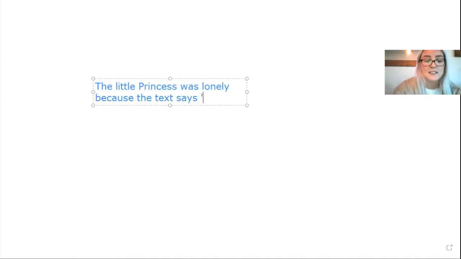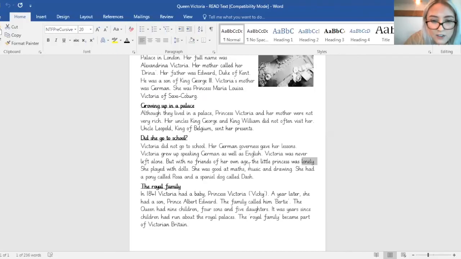The text says, then we're going to see exactly what the text says because we're taking it from the text and we're putting it into our answer. So we need to write it exactly what it says in the text. So the text says, and this is the bit we're going to take, with no friends of her own age, the little princess was lonely. So that's the bit I'm going to write in my answer.